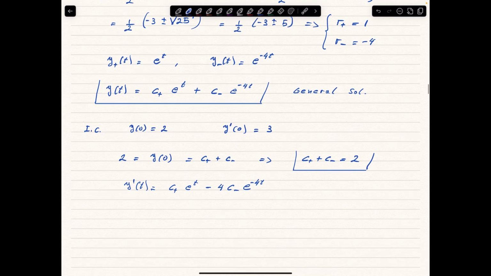Alright, now we can put the initial condition, which is 3, has to be equal to y prime at 0. I plug 0 here. Again, this is going to be 1, this is going to be 1, and we are going to have this equation now.